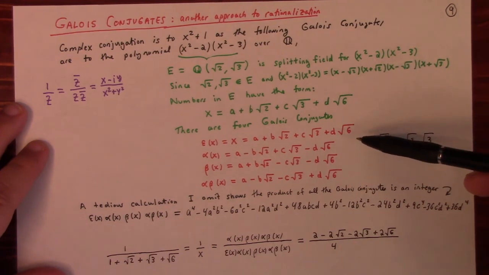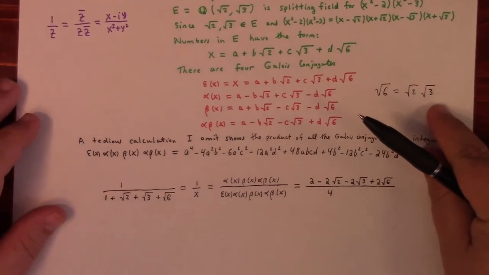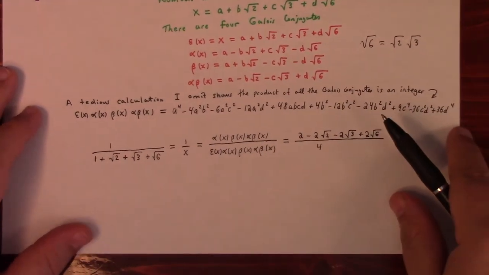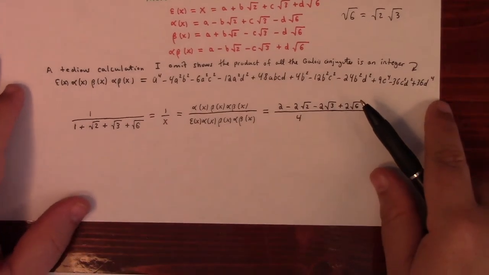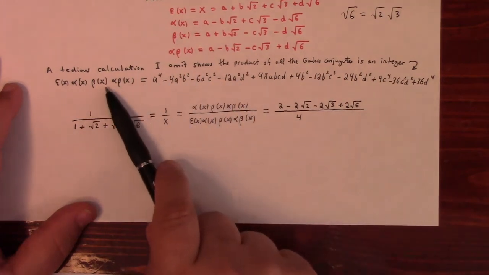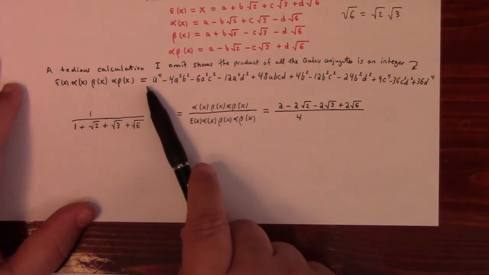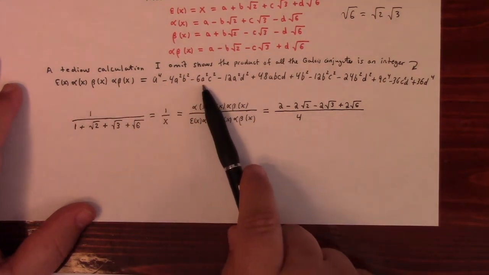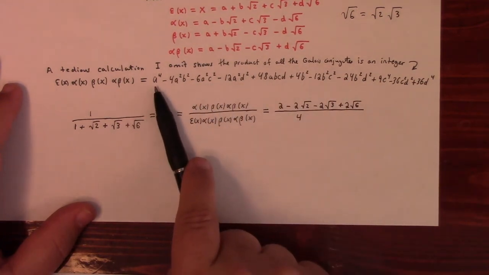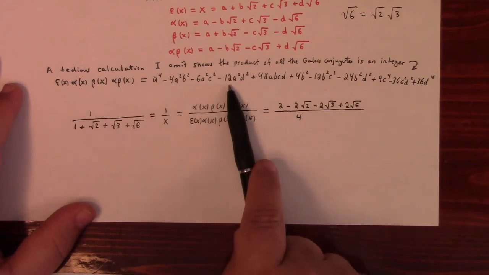And the cool thing is, when you multiply them all together, right, and I just shoved this into Wolfram Alpha because life is too short, there are no radicals in the answer. It's just a product of terms of 4th order.